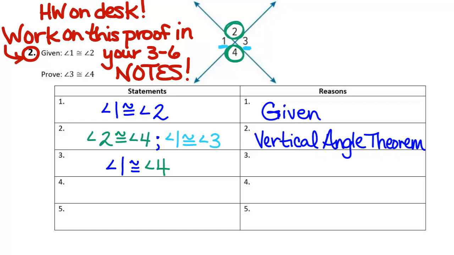What did we just use to be able to do that? Notice I have congruent symbols here. I can't use substitution when I have congruent symbols. So what could I use to say, since I know that 1 is congruent to 2 and 2 is congruent to 4, that means I can replace 1 with 4. What could I use here since I can't use substitution?